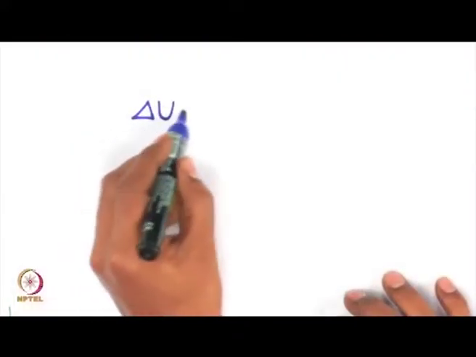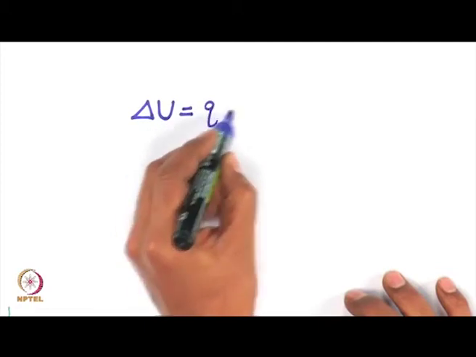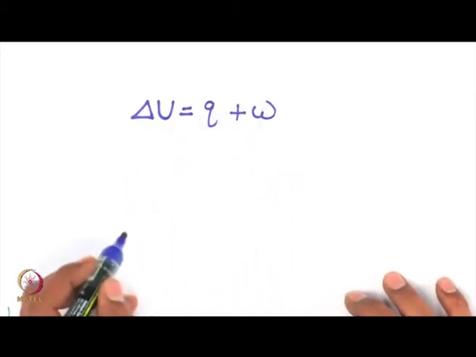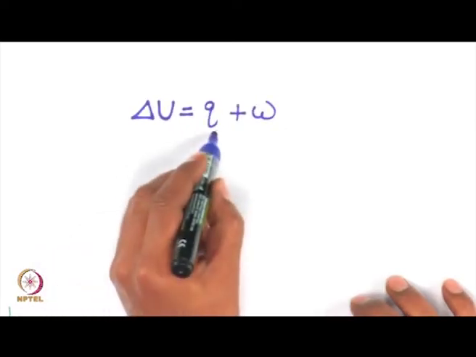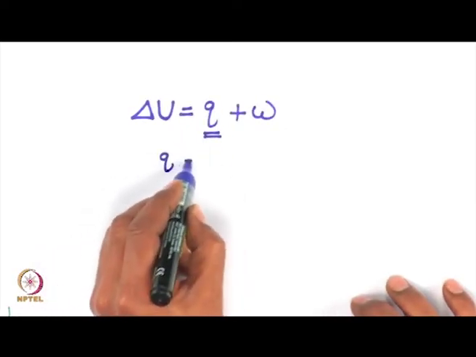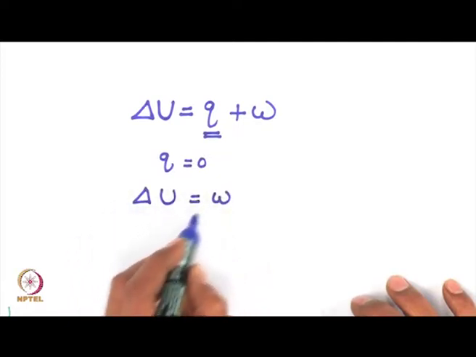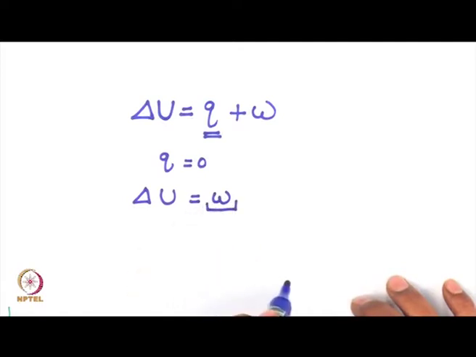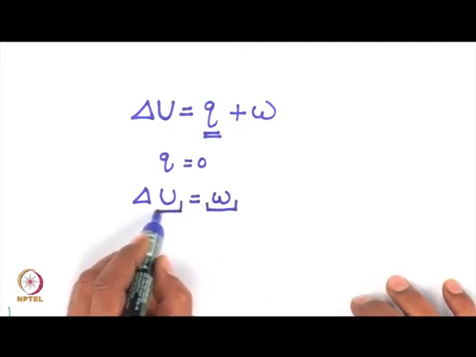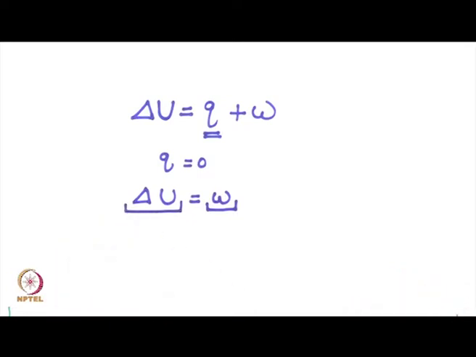The reason is that, let us recall that the change in internal energy delta U is equal to Q plus W, and for an adiabatic process Q is equal to 0, therefore, delta U is equal to W. So, in order to calculate work, if I can simply calculate the change in internal energy, that does the job of calculating the work.